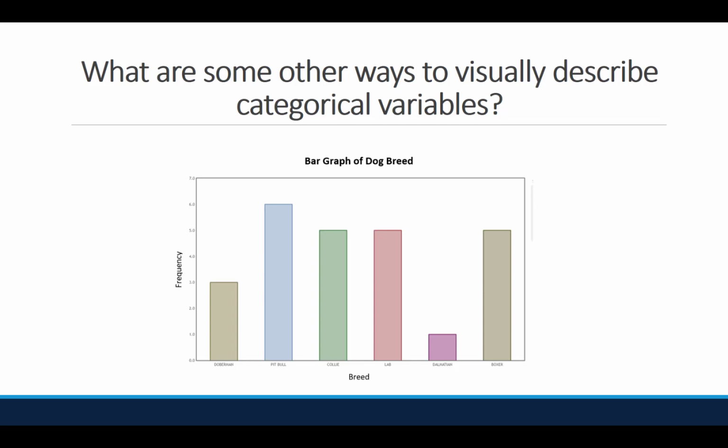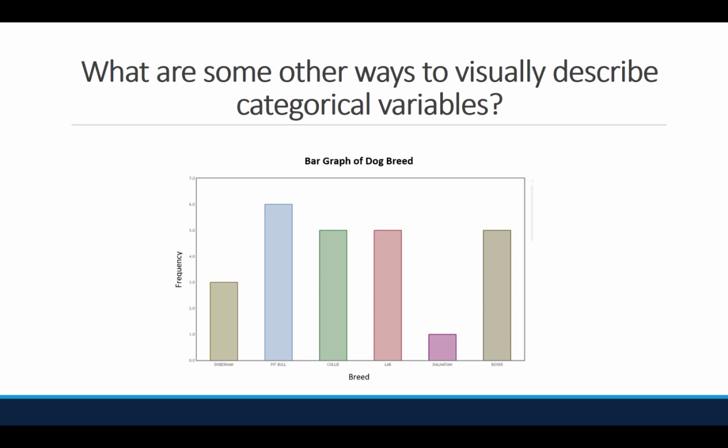So for example, we can summarize the categorical variable breed from the dog example using a bar chart. Looking at this plot, notice all of the bars are the same width. Also notice that each of the bars represents one of the possible breeds. The height of the bars corresponds to the frequency.